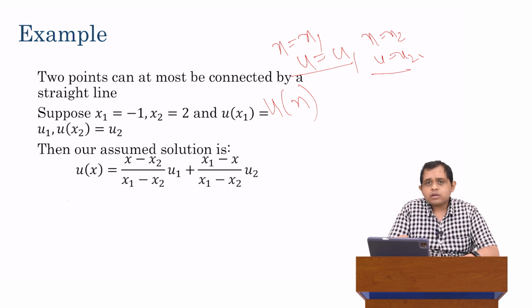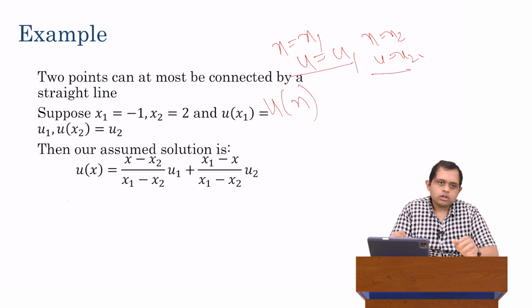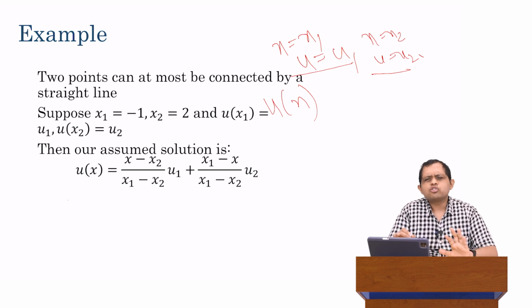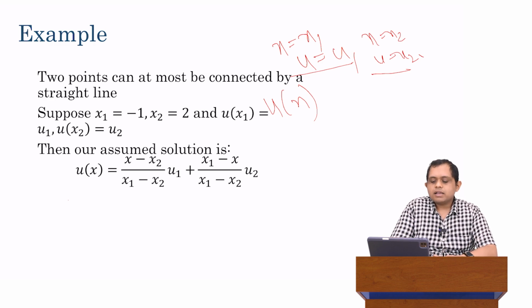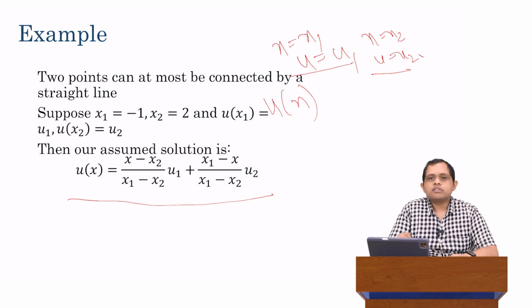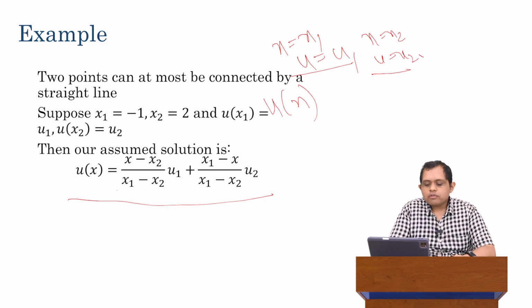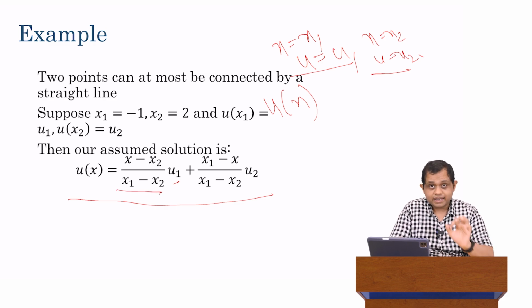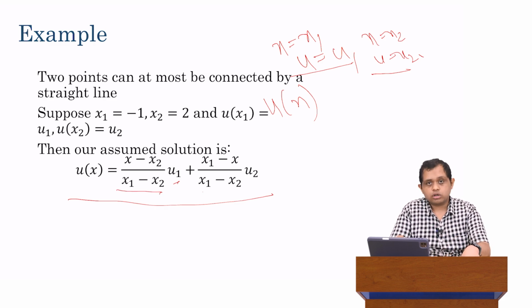There are systematic ways to do this. There's something called Lagrange interpolants, etc. It's beyond the scope of this class. Again, I encourage you to take a formal class in the finite element method where you learn a lot of these in greater detail. But without going into too many details, this is what the interpolating function looks like. u of x is equal to some function of x times u1. u1 again is a constant, an unknown constant, but a constant.